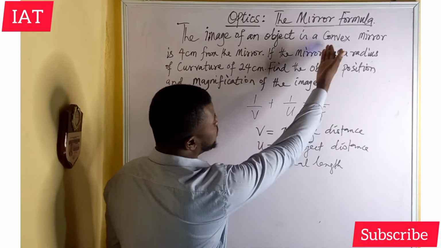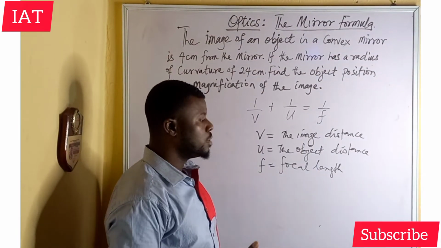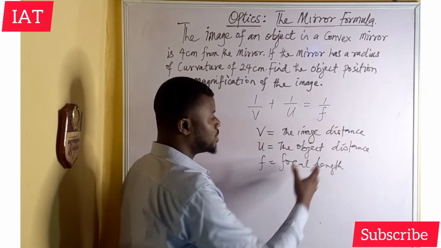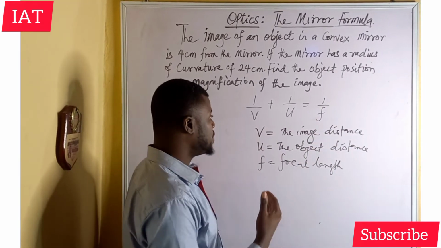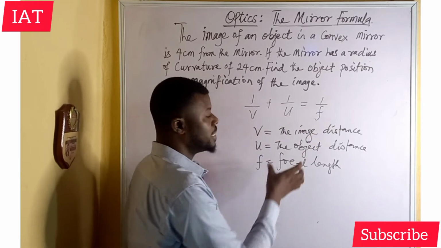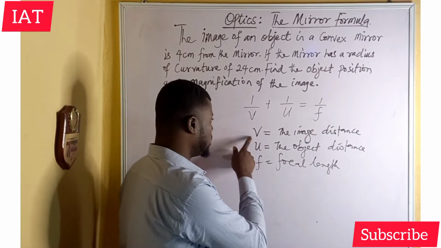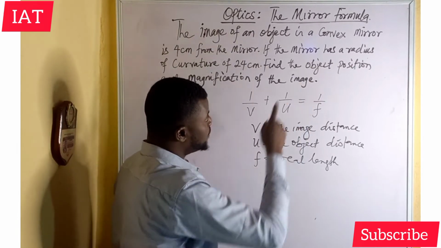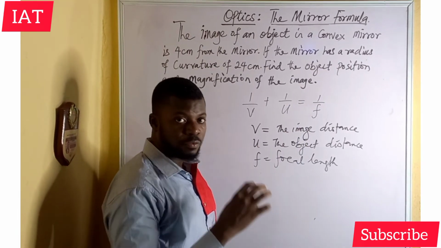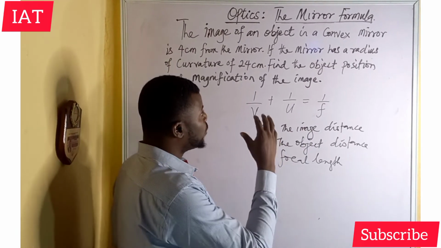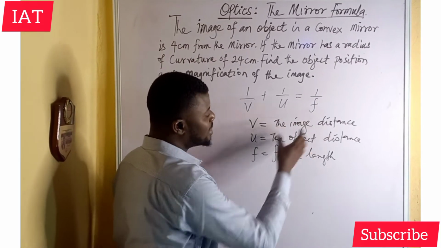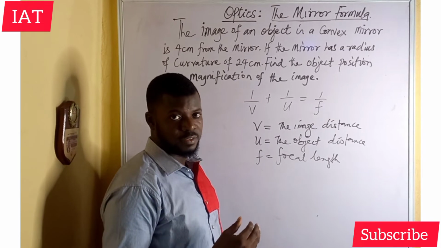When we talk about convex mirror, in convex mirror, the image distance is always assigned negative. You have to take note of that. But for a concave mirror, the image distance is always positive.